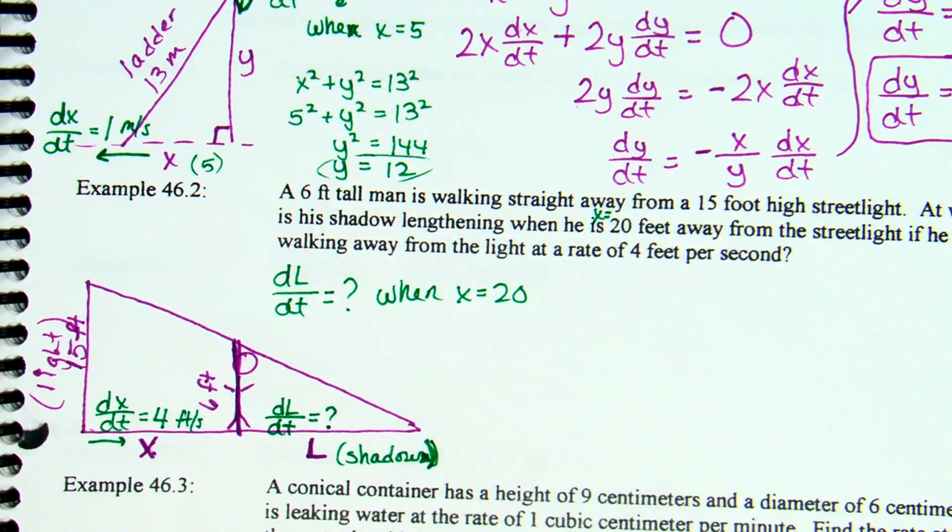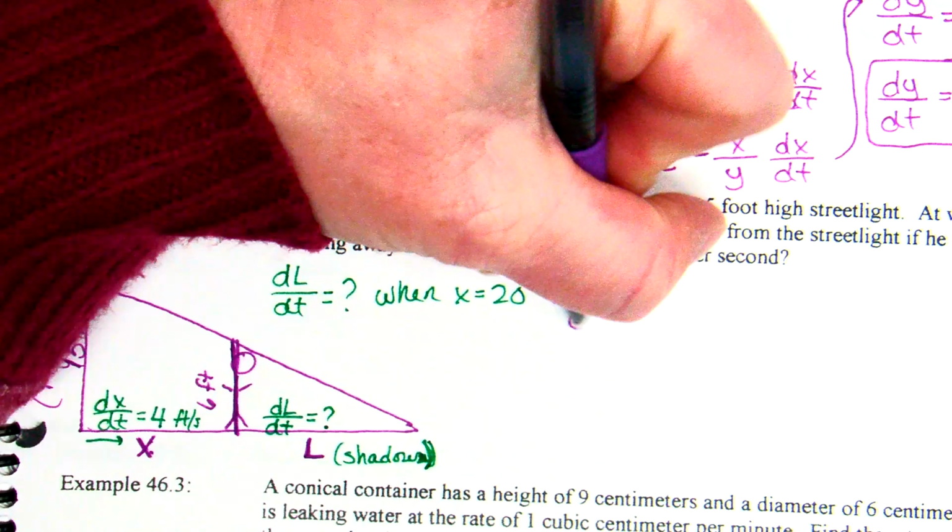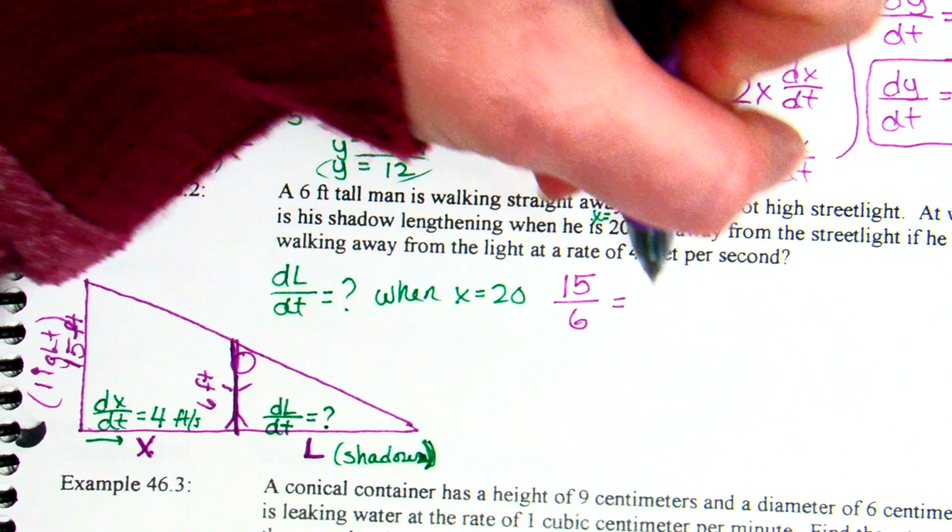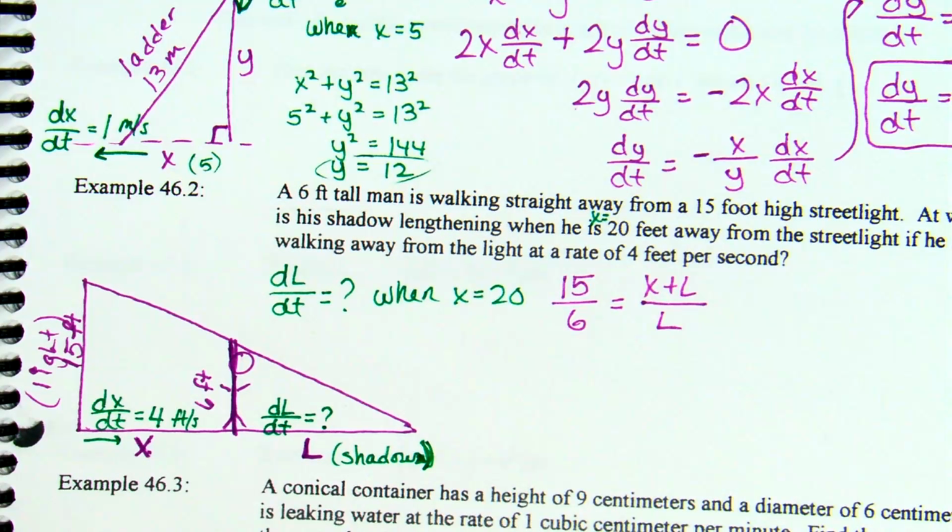So if we go 15 over 6, 15 from the big triangle pairs with 6 from the small triangle. X plus L from the big triangle pairs with L from the small triangle. Cross products: as long as your cross products match my cross products, any of those options work.